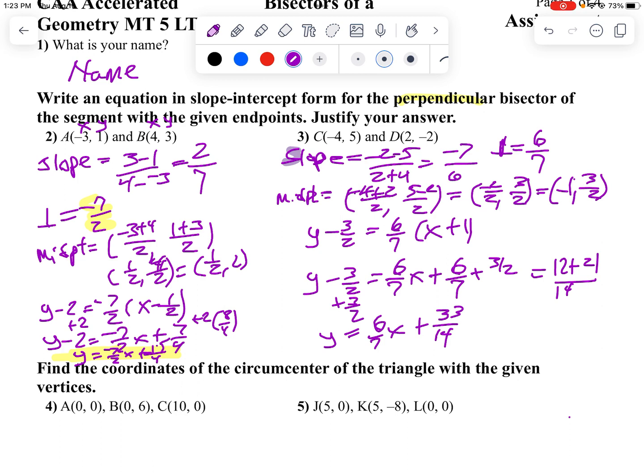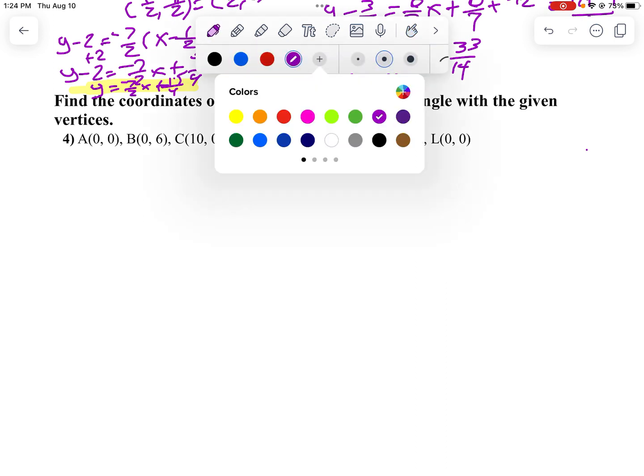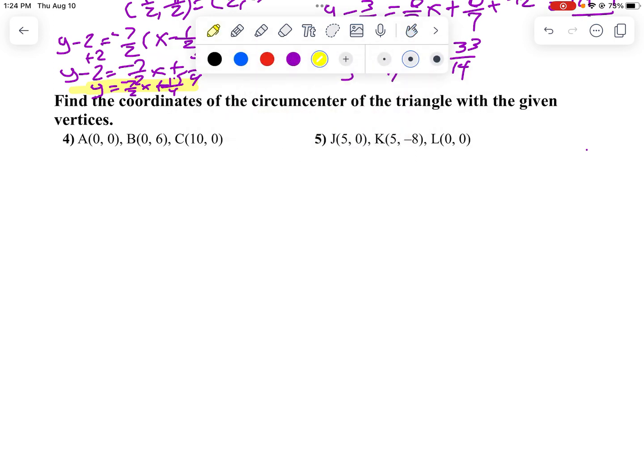Now, on our next one, we want to find the coordinate of the circumcenter. So I think what I'm going to do is roughly graph what this looks like. I'm going to have A at 0, 0, B is at 0 and 6, and C is at 10 and 0.